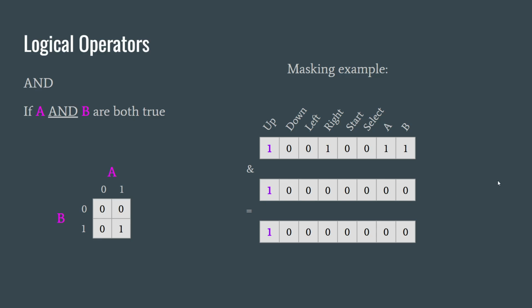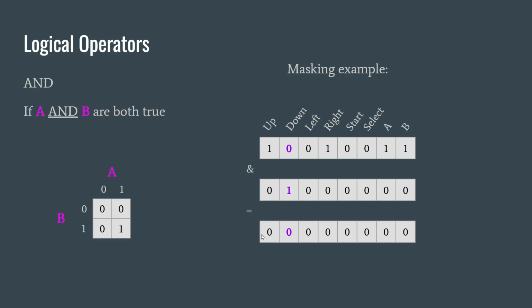And you can see here how this can be used with the 0 bit to check whether just up is pressed. Similarly, if we move a bit position, we want to see if we're pressing down. We can use a mask like this, and the result would be 0 because the down button is not pressed.